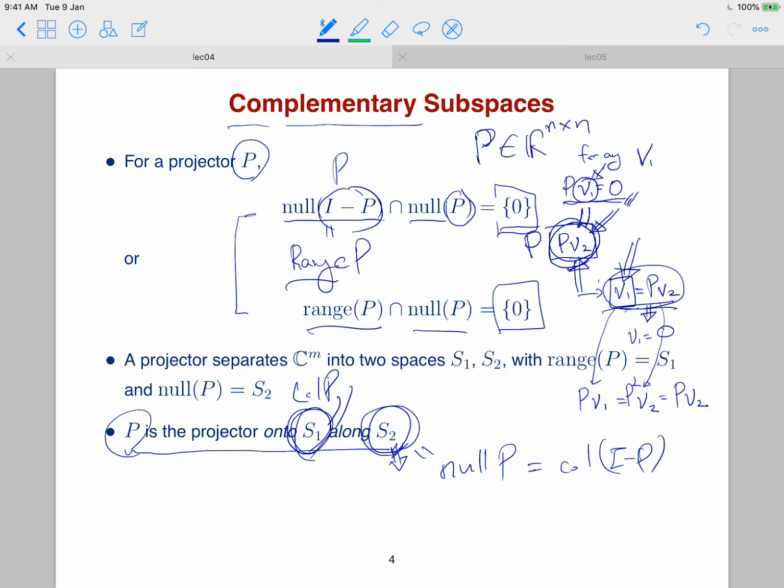So we send any arbitrary vector to the column space of P, and the direction of that projection, the direction of the light shedding, always belongs to the null space of P.